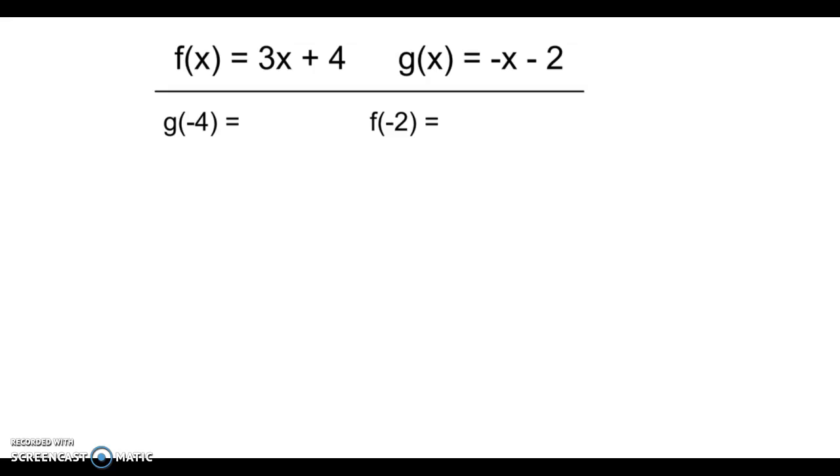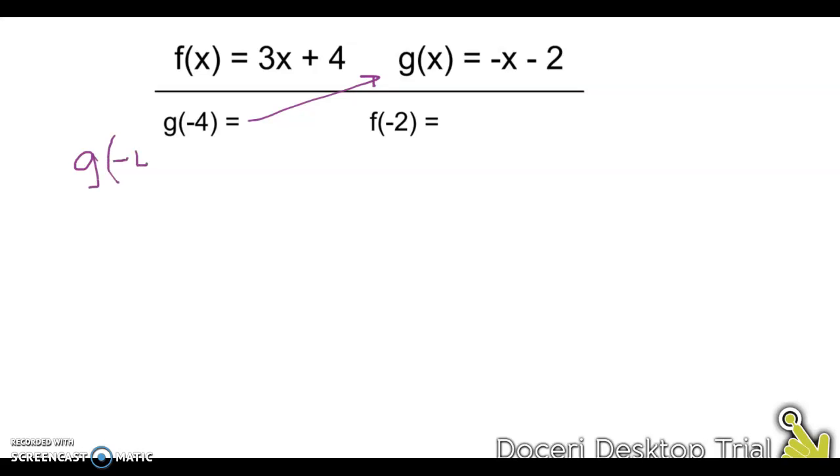Here's some examples. So we have two functions, f of x and g of x. Function f and function g. So we want to know what is g of negative 4. So we are going to use the g function. And we are going to say, what is g of negative 4?